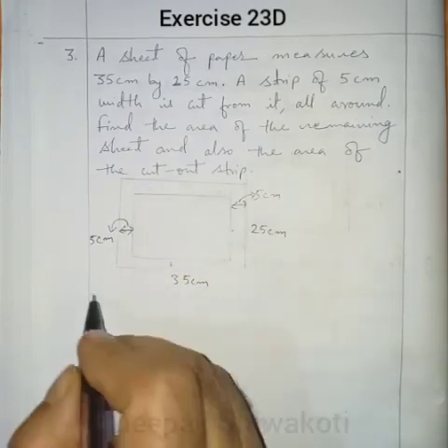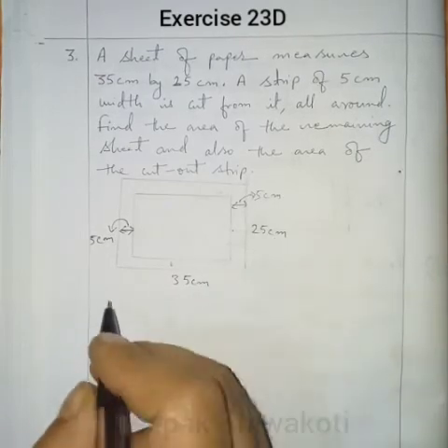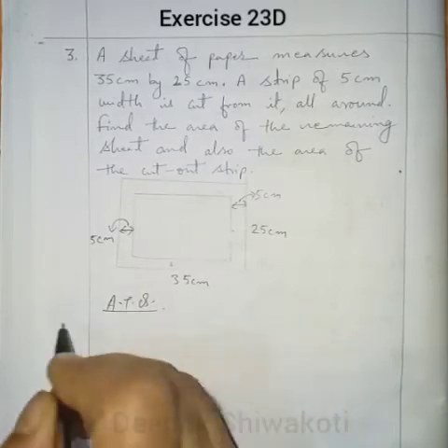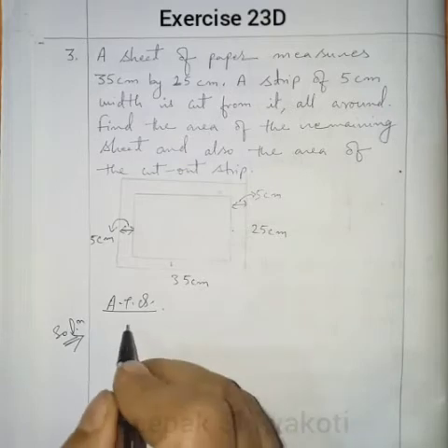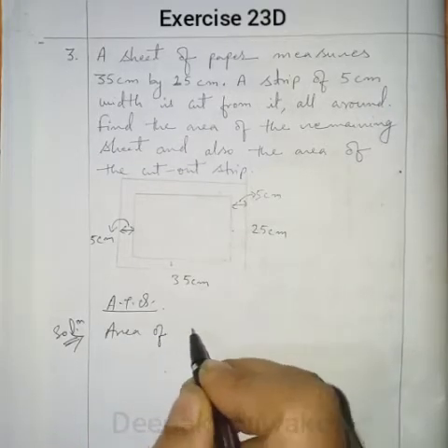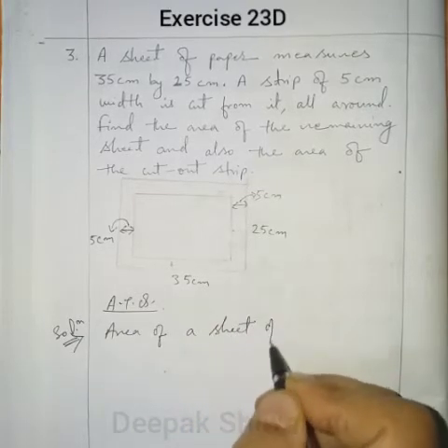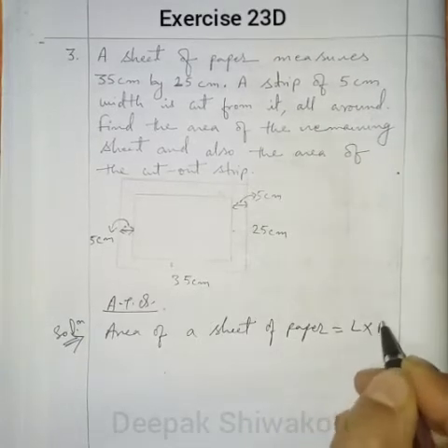Area of the paper will be given by the length into breadth. So according to the question, solution: area of a sheet of paper will be equal to length into breadth.